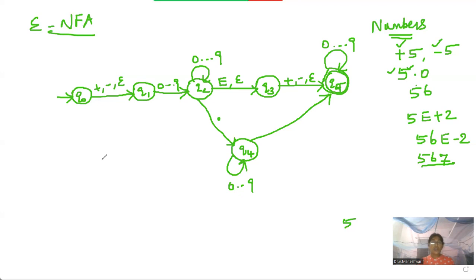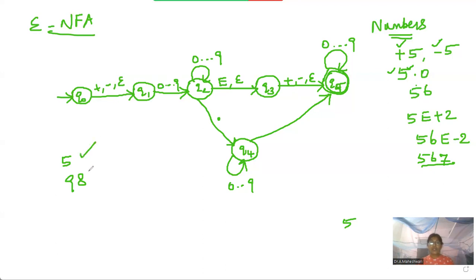We'll check, for example, a number that is only 5. It starts from Q0, the empty string is recognized, and this 5 is recognized here. Then the empty string is recognized and it goes to the final state. Suppose I give 98. Start here with the empty string, first the 9 is recognized, again 8 is recognized here. Then the empty string, and it reaches the final state.